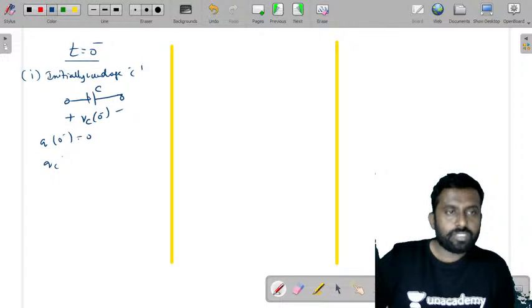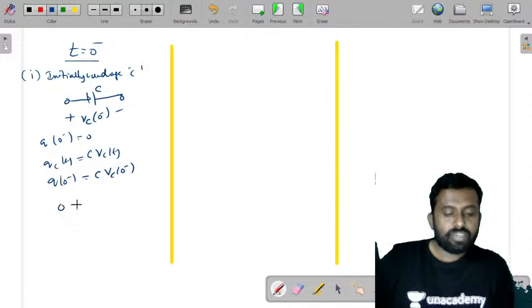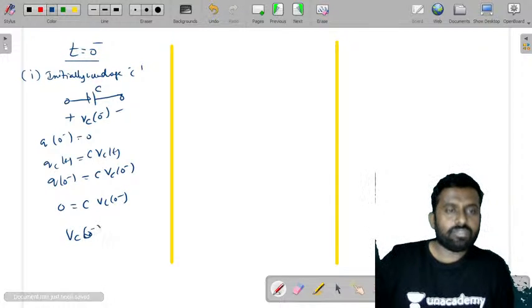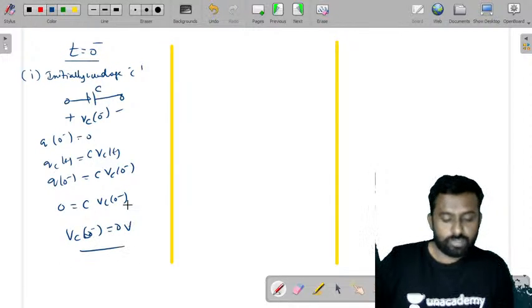QC of t is C times Vc of t, so Q of 0 minus is equal to C times Vc of 0 minus. Therefore Vc of 0 minus will also be equal to 0 volts.